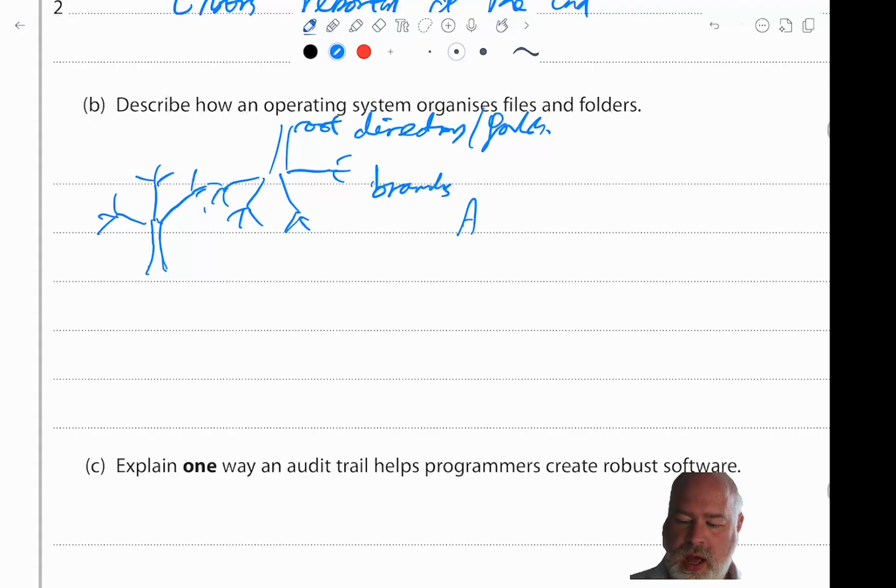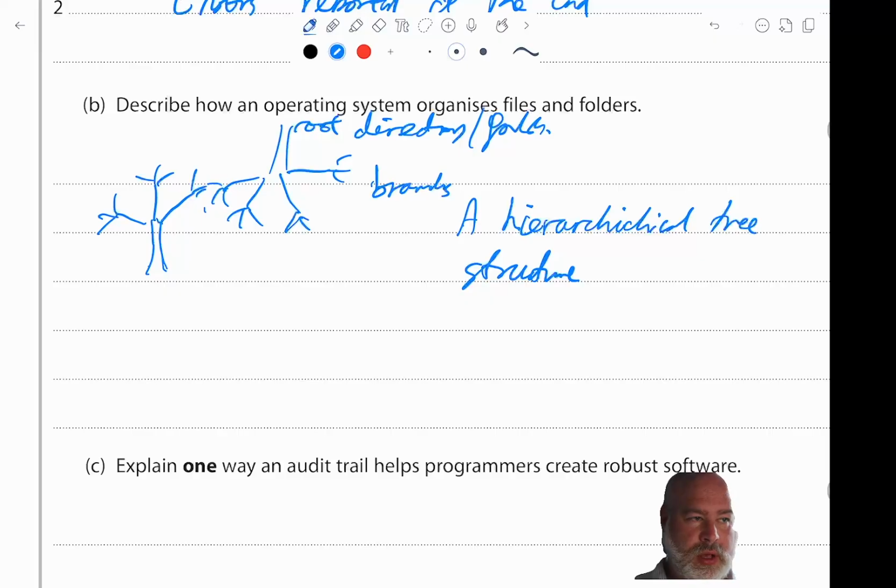So it's a hierarchical tree structure with a root node directory.